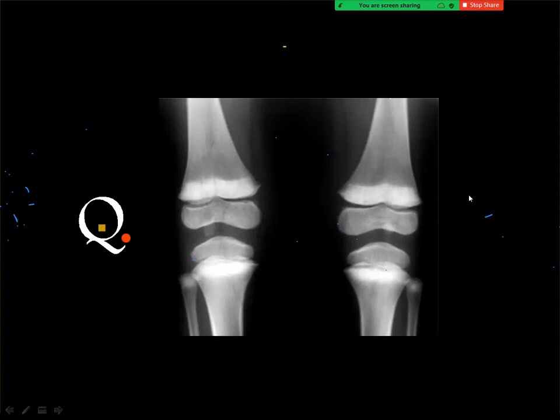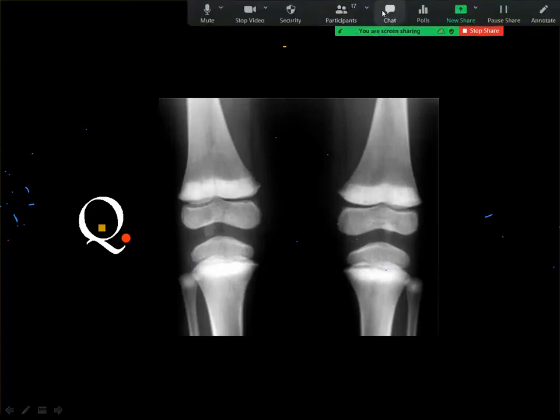In this case you got metaphyseal bone sclerosis. And actually, there is a long list of possibilities for this.